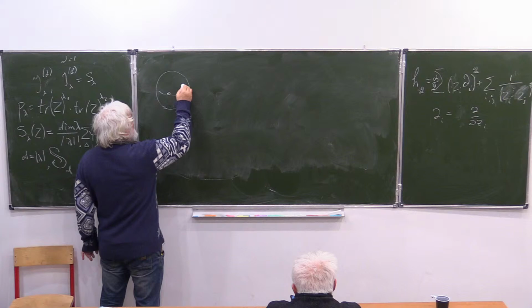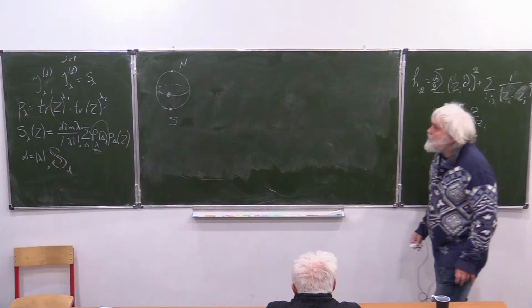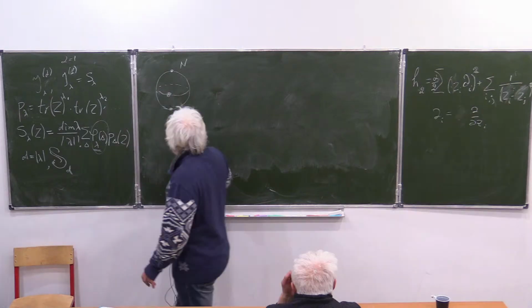Let us consider the sphere with three points, and consider coverings of the sphere by other orientable surfaces with branch points located there, with given ramification type.